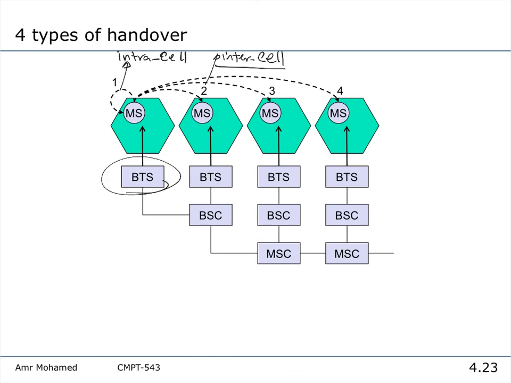So the overhead here is more, right? So in that case, I perform the inter-cell handover, and I have to engage the BSC, right? Assuming that those two cells are controlled by the same BSC, right?